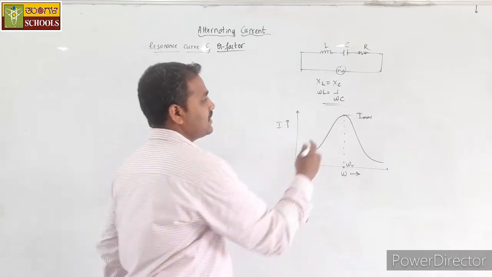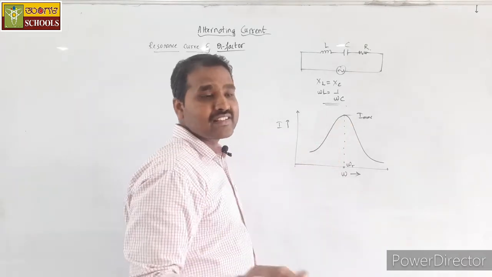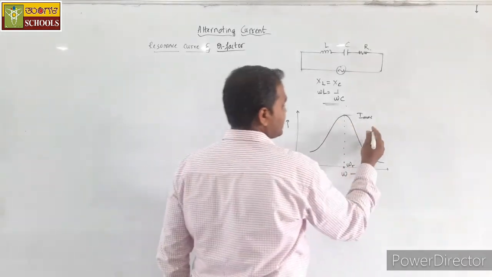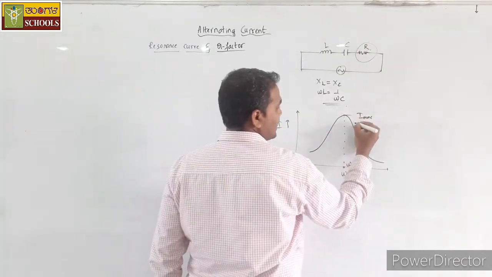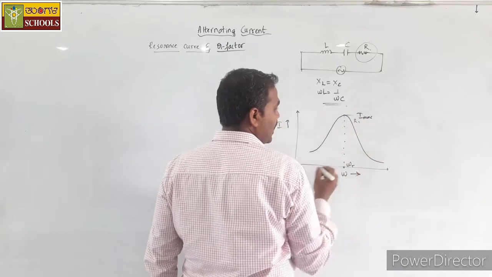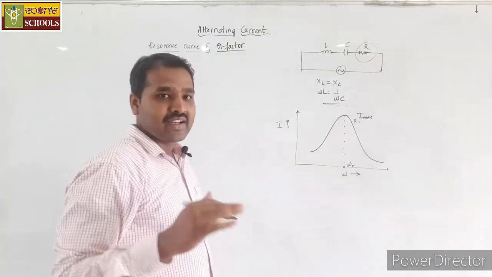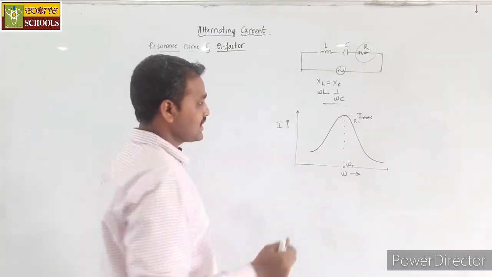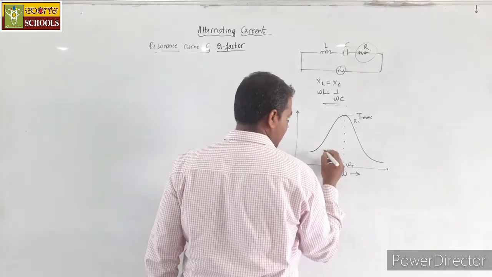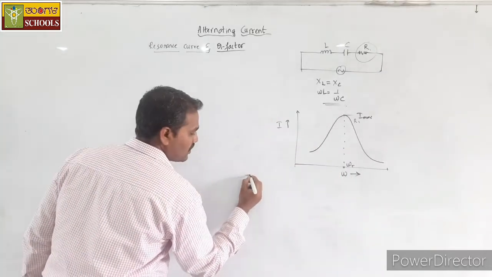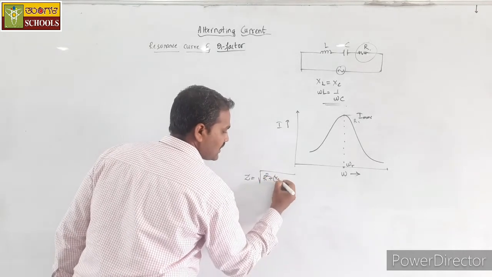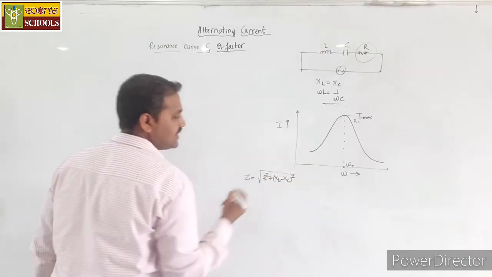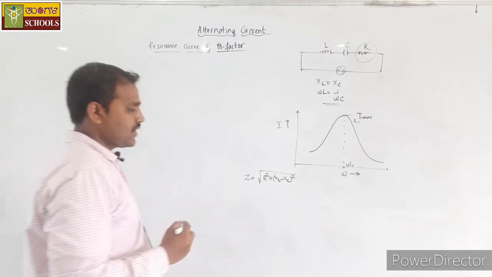For different values of the resistances, let us consider 3 resistance values. Let this be the curve for the resistance R1. If I consider a higher value of resistance, we know Z is equal to root of R² plus (XL minus XC) whole squared.